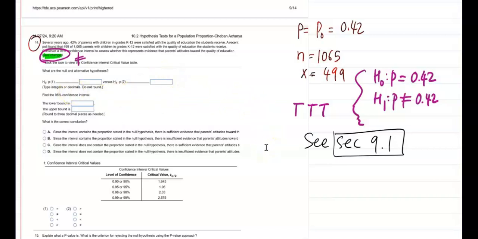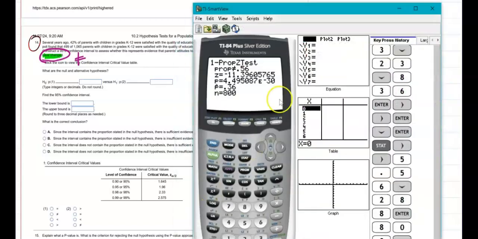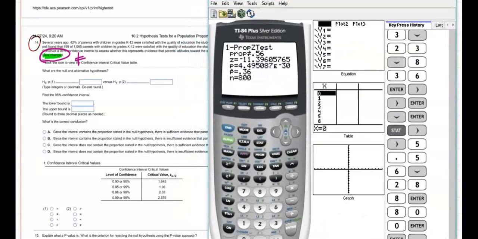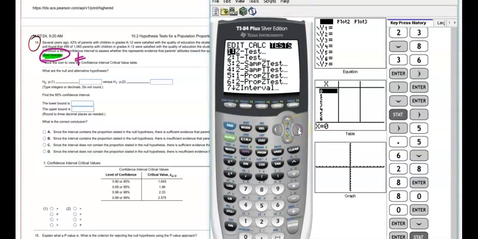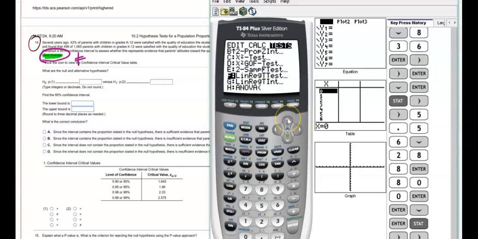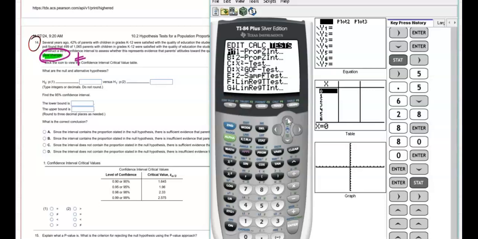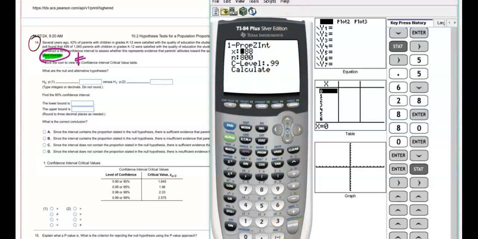To find the confidence interval for a population proportion, I'm going to show you. You might remember that otherwise. So you could do STAT, TESTS, A. That's the option. I'm going to use that, and I will show you what to do next. I'm going to put the values here.